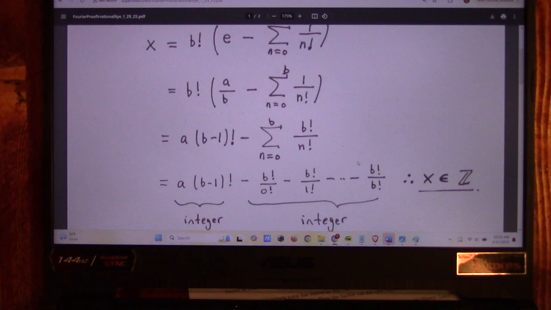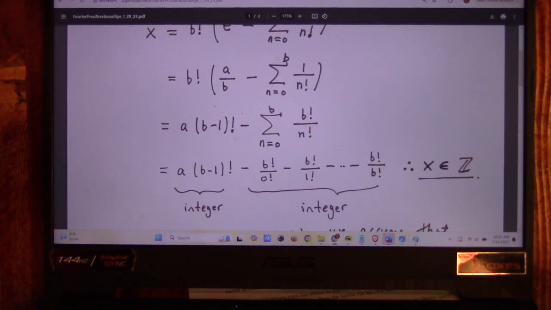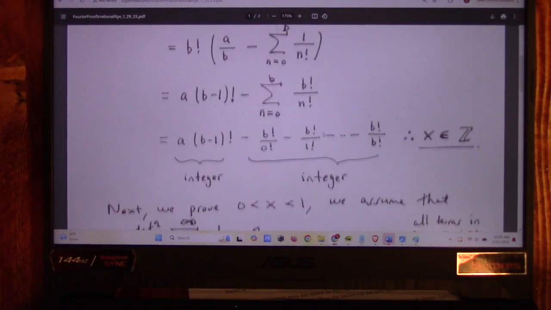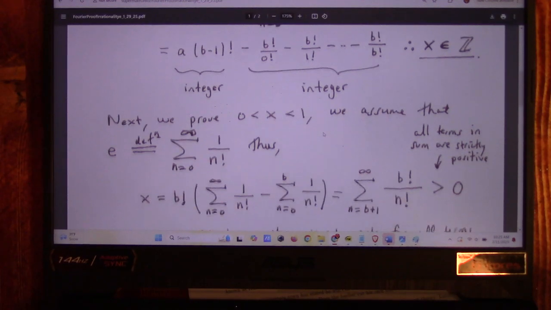So if you study this carefully, we can see that x is an integer because it's the difference of two integers. The whole point is that if we assume e is a rational number, then we're going to be able to produce a contradiction, and that's what we're working on here.